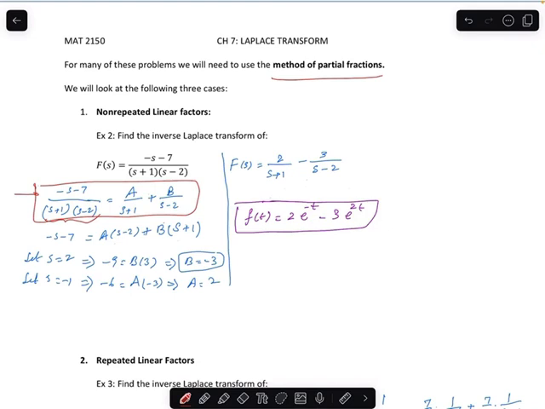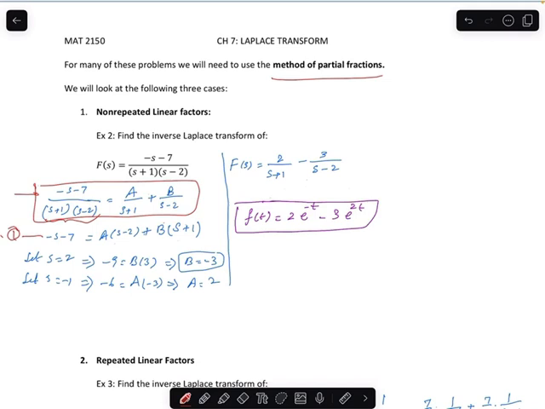Now once we have it in this form, let me call it equation 1, we can find the values of A and B by distributing on the right side and then comparing coefficients. But that will involve solving a system of linear equations, which in this case wouldn't be too bad because we have only two constants, so we will get two equations.